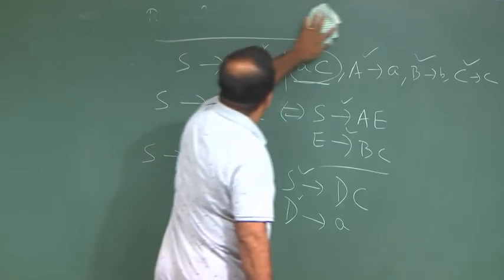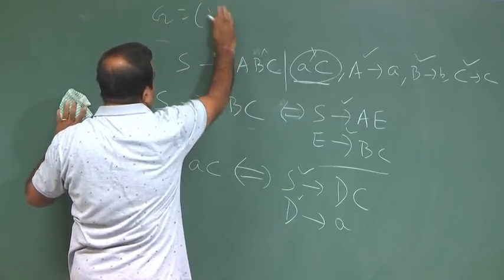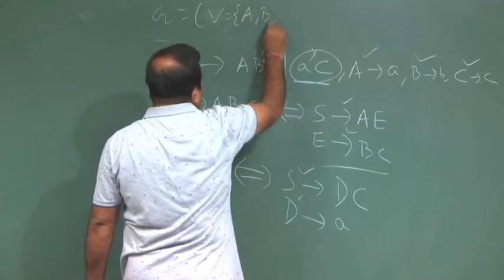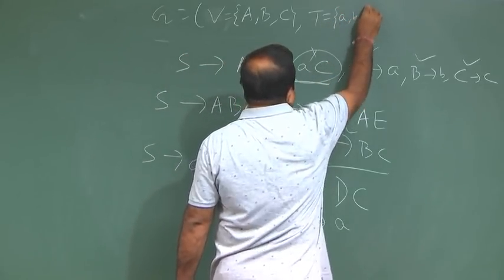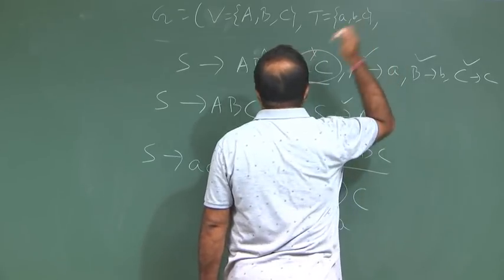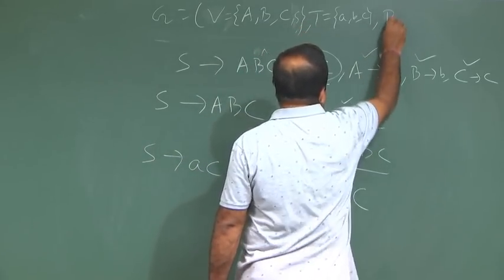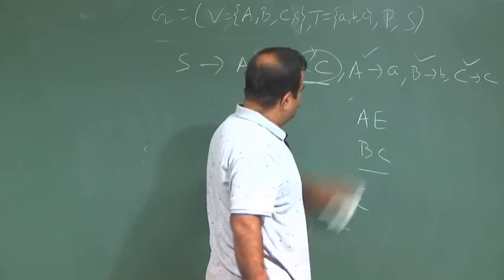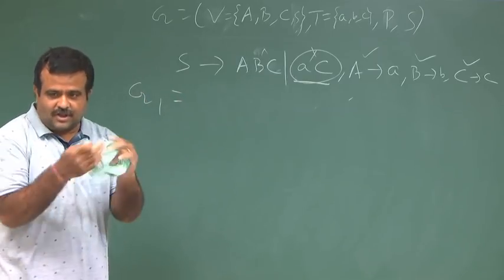So, basically this is the grammar we have been given, where G is V, which consists of A, B, C, and we have T, which is also small a, b, c, and then we have P and S. Now, this will be replaced by the grammar G1, the equivalent grammar G1, which is in the normal form.